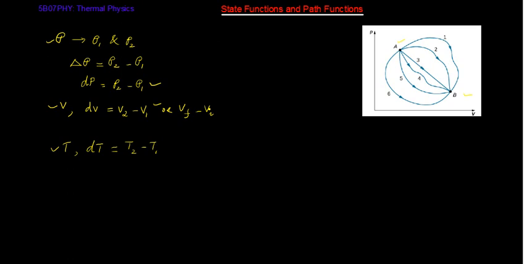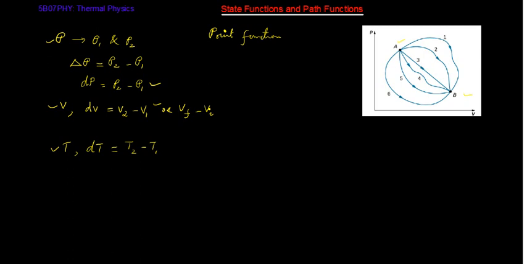So these state functions can also be considered as some sort of point functions. The reason is that at every point in the PV or indicator diagram, this function will have a specified value.